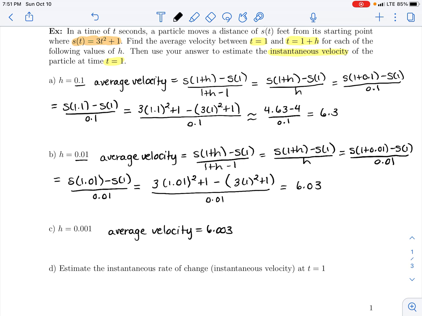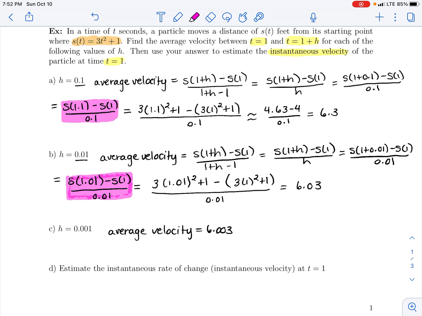All right, and so now in part D, it says to estimate the instantaneous rate of change at t equals 1. All right, so as you can see, looking at here might be a little bit easier for you to see. So let me just highlight this in pink or something. Okay, when we're looking at computing the rate of change, the average velocity between 1.1 and 1, we did that in part A. And then in part B, we computed the average velocity between 1.01 and 1.